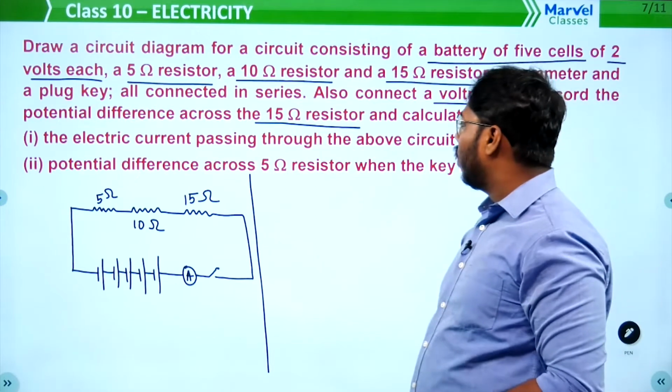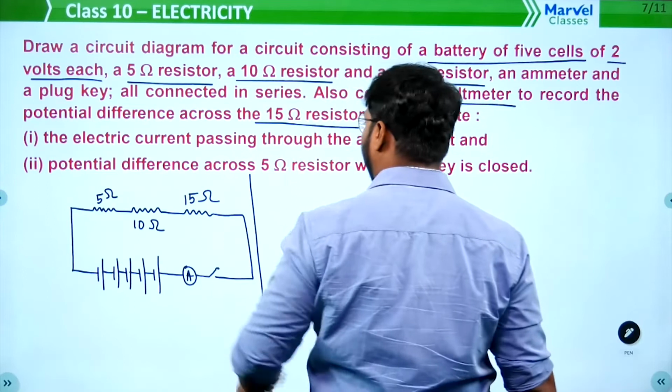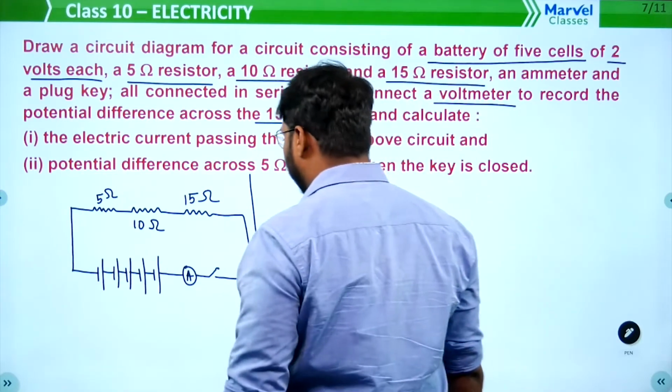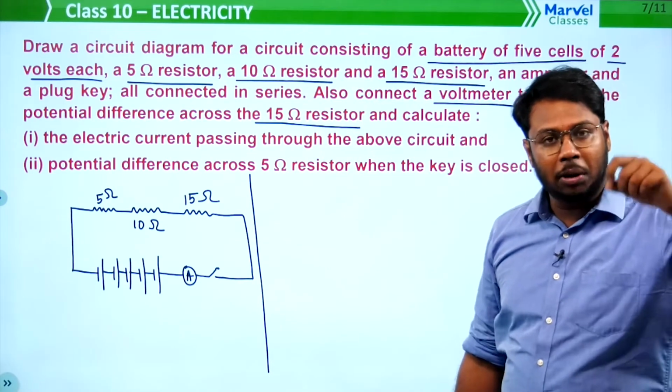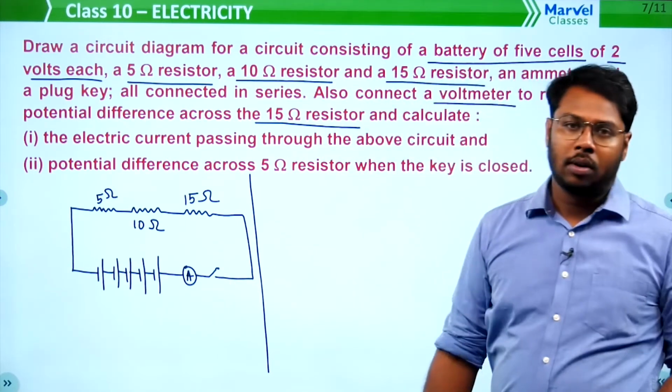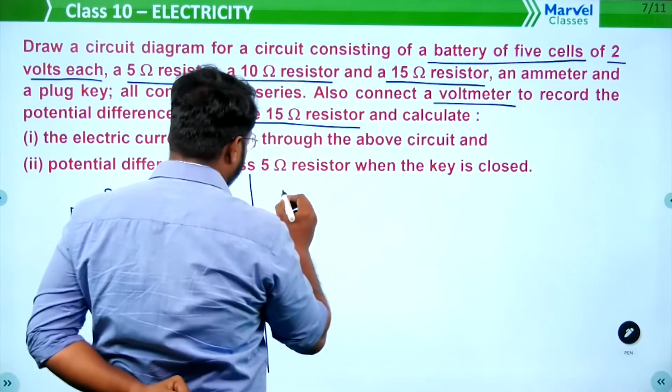Now the very first thing that we are supposed to calculate here is the electric current passing through the circuit. The electric current is the one that is going to be measured by the ammeter over here. So, what is the formula that we use to measure the current?